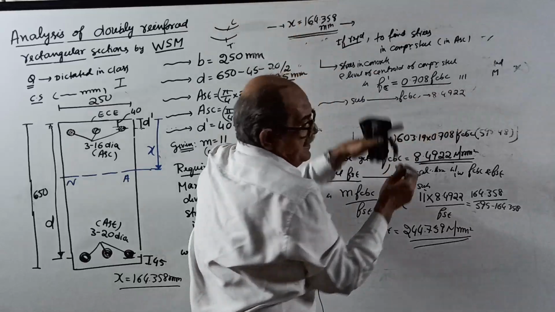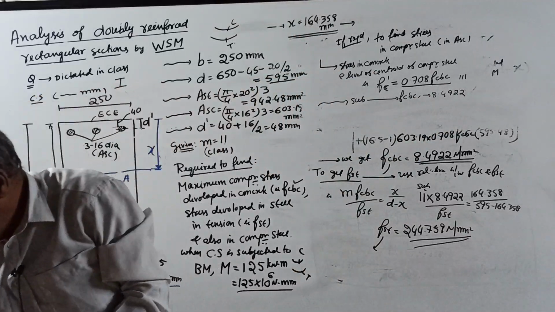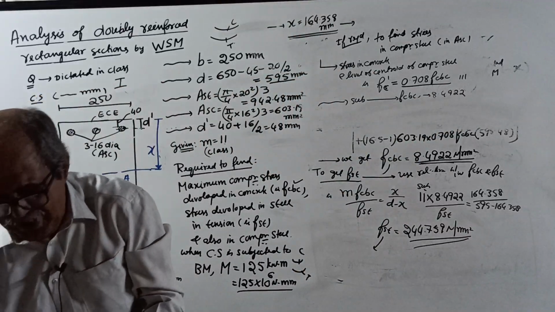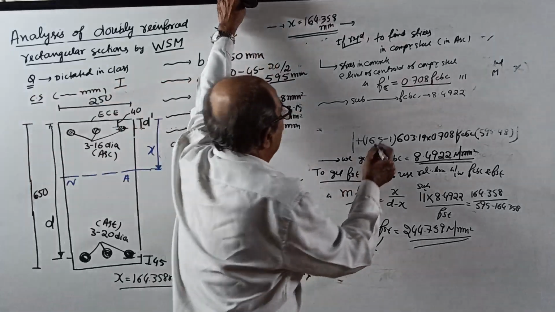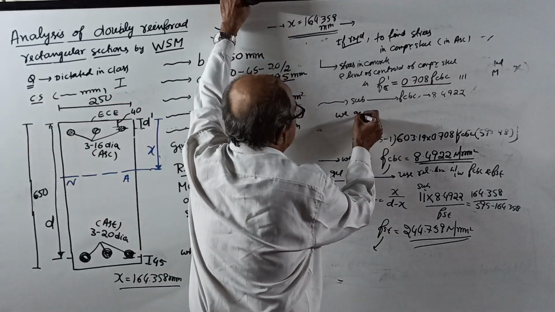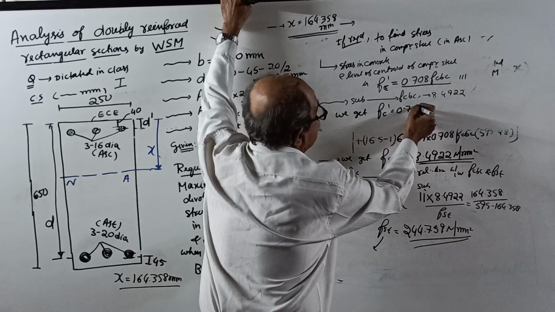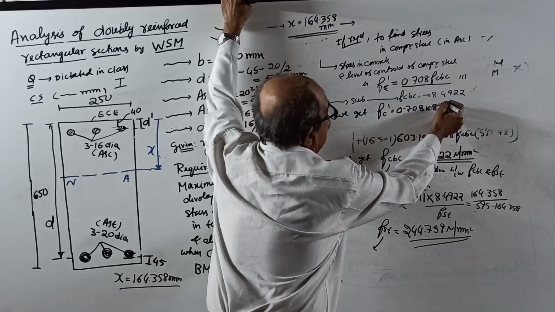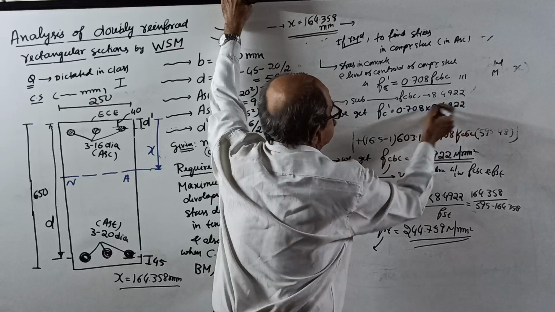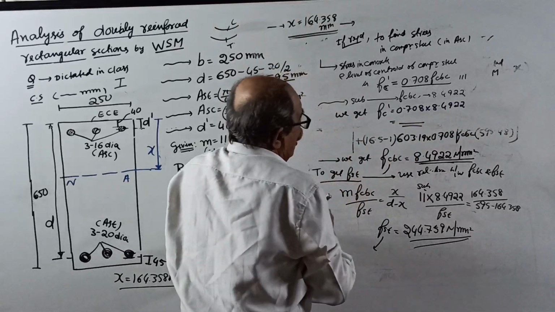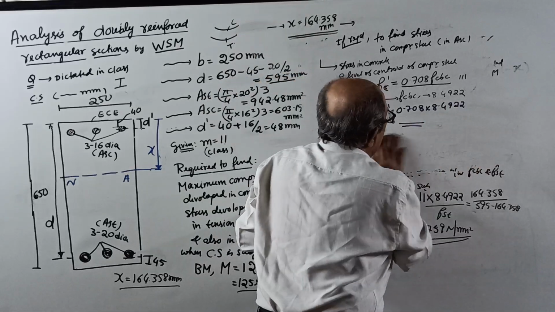FCBC is 8.4922. This pen is not writing. Problem. I think I got more pens before coming to the class. This one we get FC dash equal to 0.708 into 8.4922. So what we got? We got stress in concrete.